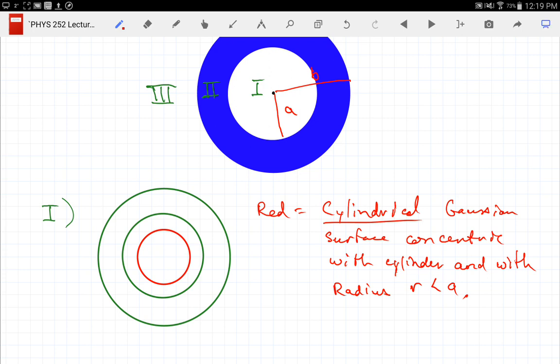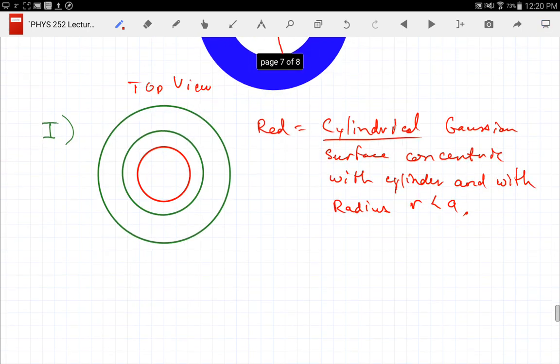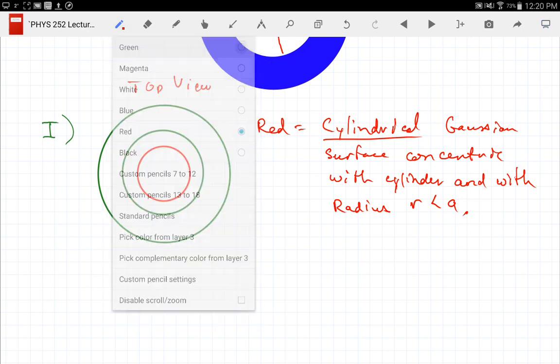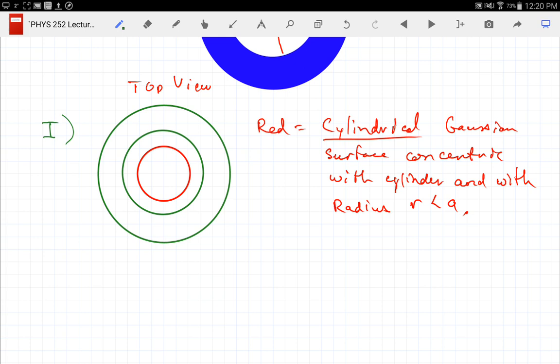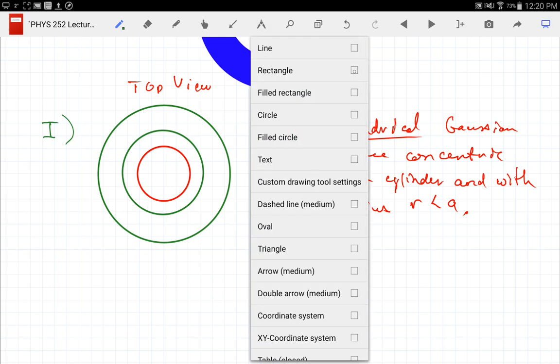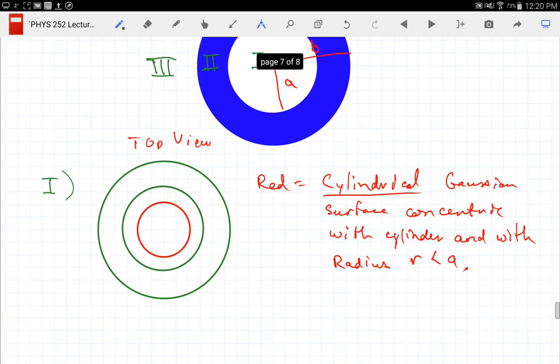Now if we look at the cylinder, that's a top view. Let's go ahead now and look at a side view. Remember what I said the side view looks like? Yeah, rectangles.